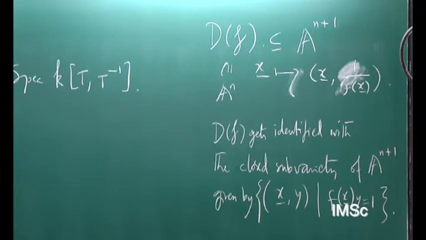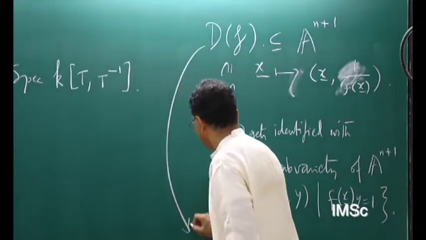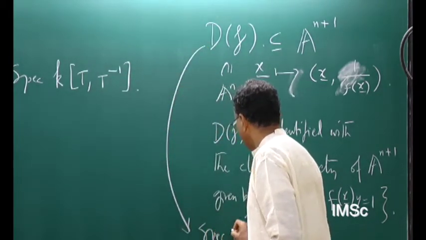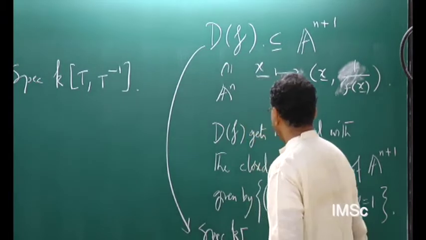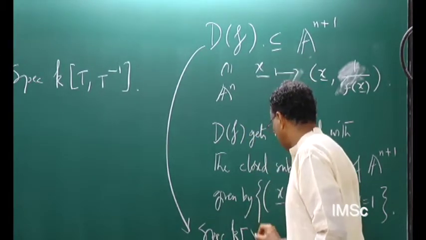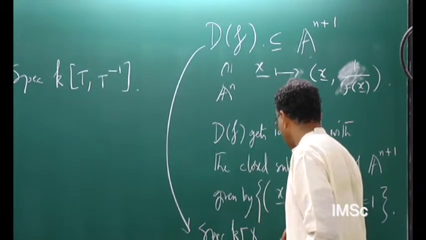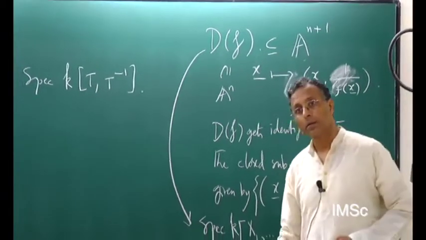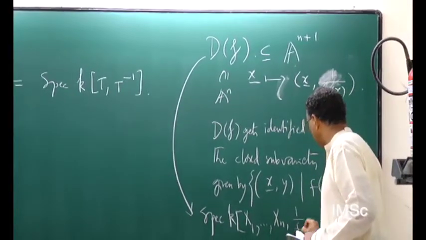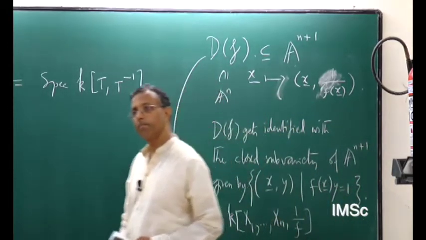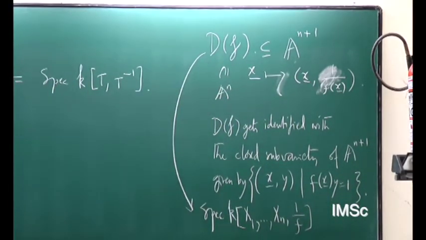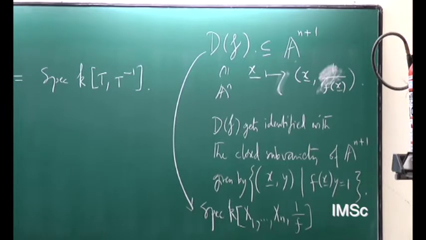That's one way to think about it. Another way to think about it, if you wish, is just Spec of K[X] and then adjoin 1 over f.